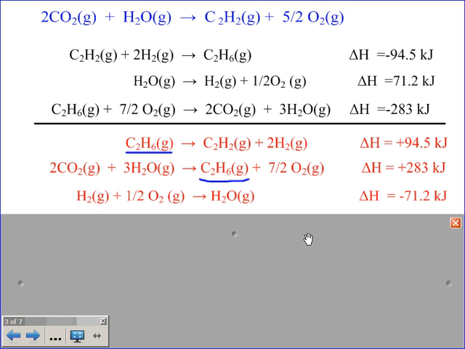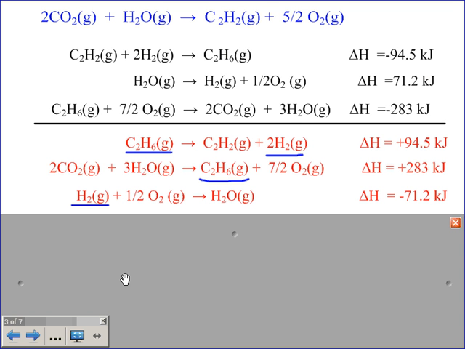Now, I also said I wanted these hydrogens to cancel. So in order for these hydrogens to cancel, I need them on both sides, and I have that, but there's two of them on the right side and only one of them on the left side.